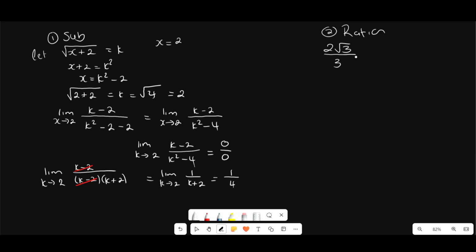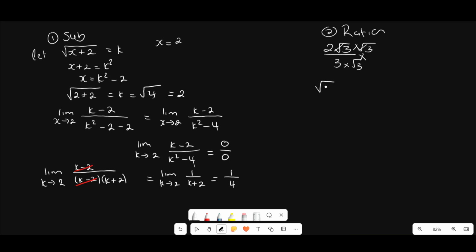How do I remove the square root? Well, I have to multiply this by the square root of 3, and whatever I do on top, I do at the bottom as well, and the square root times the square root will cancel.